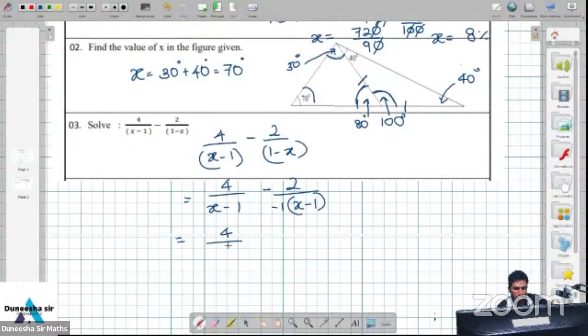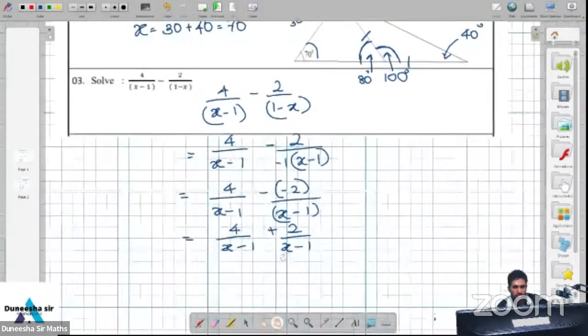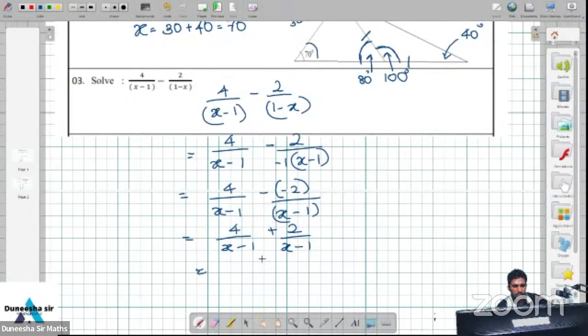Okay, 4x minus 1, then minus minus, we can get plus 2. x minus 1, what is 4x minus 1 plus 2, x minus 1. What is it? 6, x minus 1.